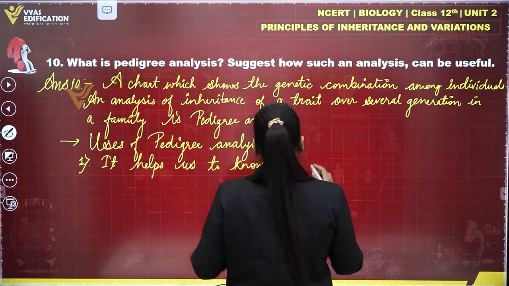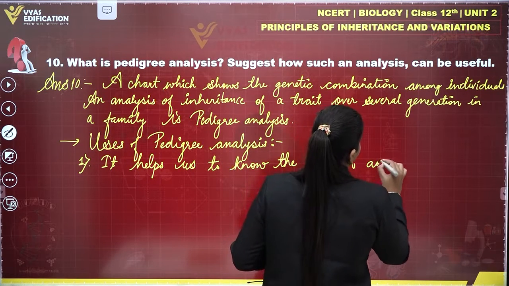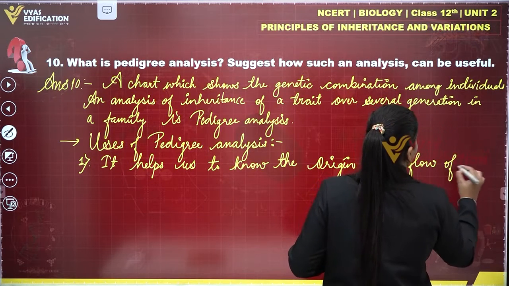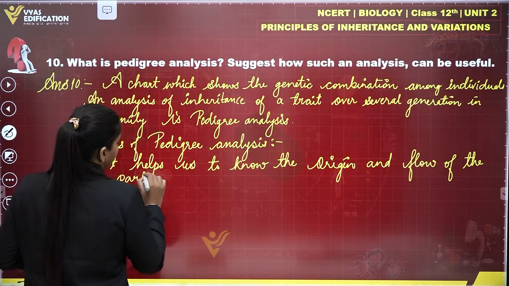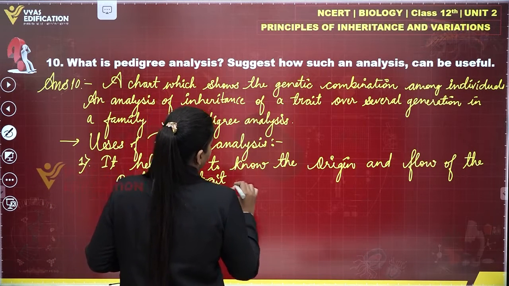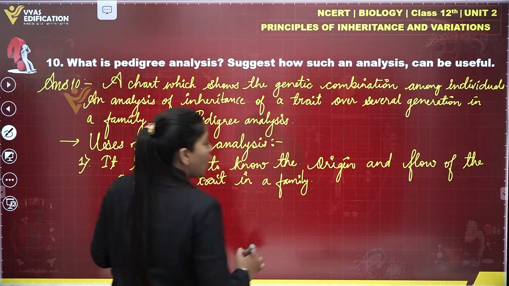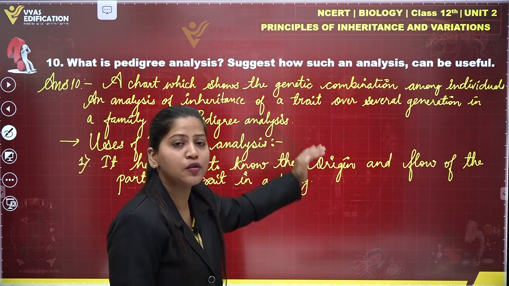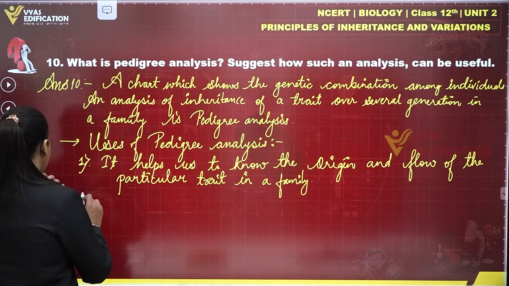This pedigree analysis helps us to know the origin and also flow of the particular trait in a family. By this pedigree chart, the doctor can know where the particular trait originated in a family, and he also can know the flow of that particular trait in a family over generations.